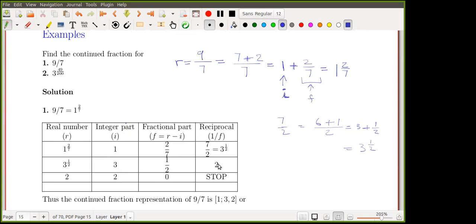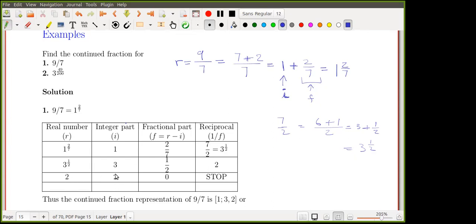2 is a whole number, so we are sure that once we get a whole number like this, the fractional part will be 0, because here we can see that the fractional part is 0, right? Because it's a whole number. So that is our integer part.